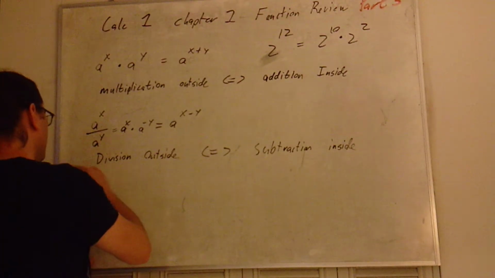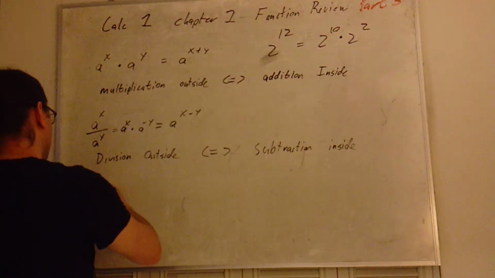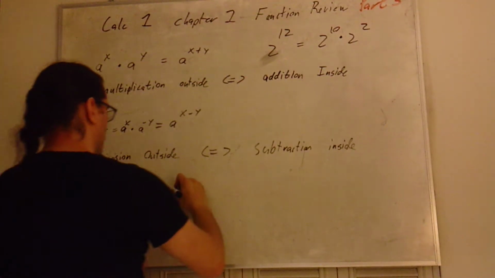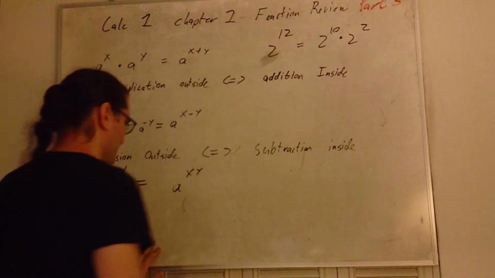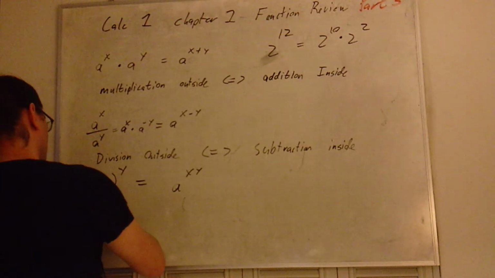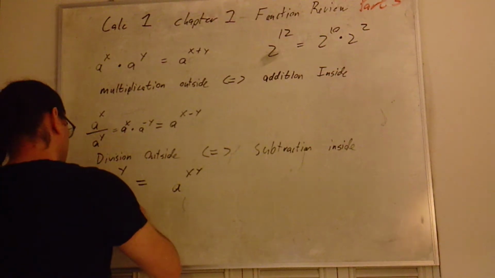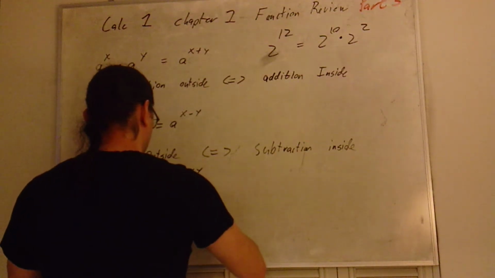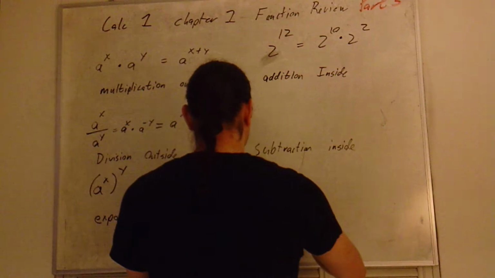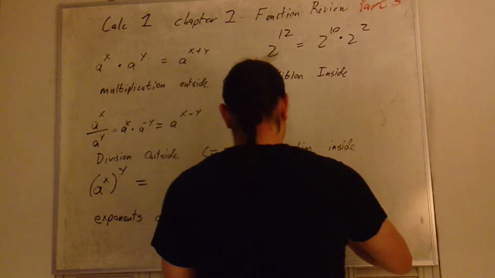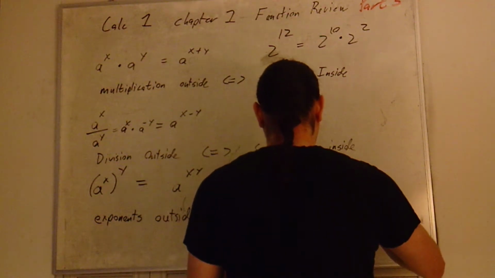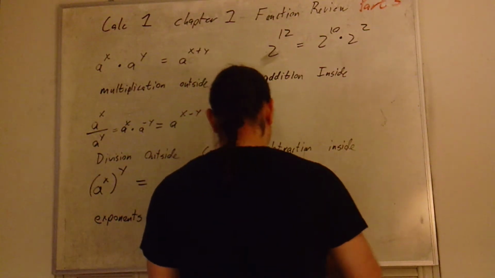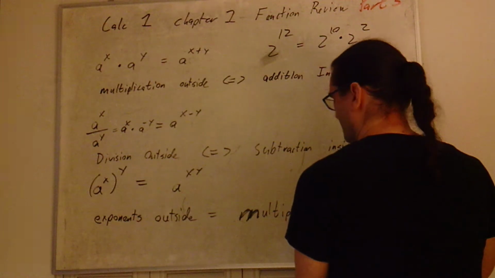The third and final property that I want to talk about is a to the x raised to the y is a to the xy. And this one I call exponents outside is multiplication inside.